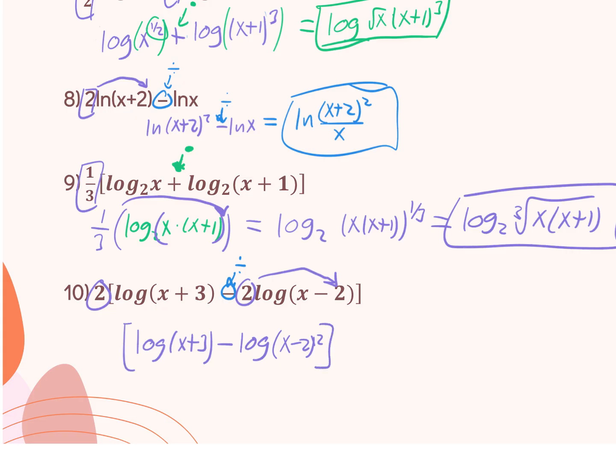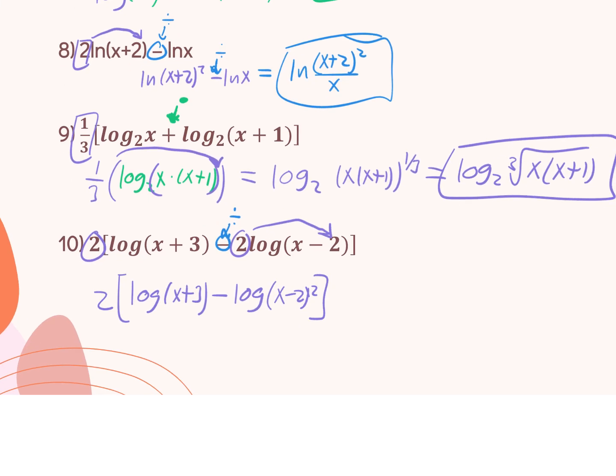And then this whole thing has a 2 in front of it. And then take care of this subtraction, right? That subtraction is going to be a division. So we're going to have a log of x plus 3 divided by x minus 2 squared. All right, and then don't forget again, this whole thing has a 2 in front of it. And then this 2 is going to become the coefficient of the entire thing.